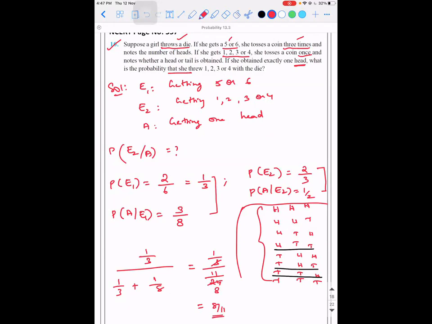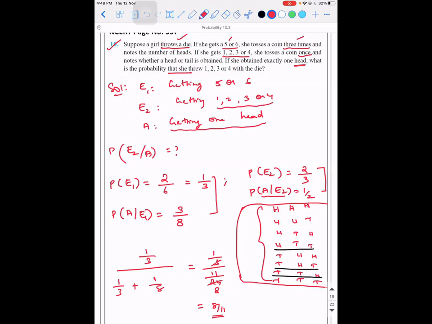Clear? Sir, how is it 1 by 2? See, what is the probability of A given E2? What is the probability of the girl getting one head, given that she has got 1, 2, 3, or 4?